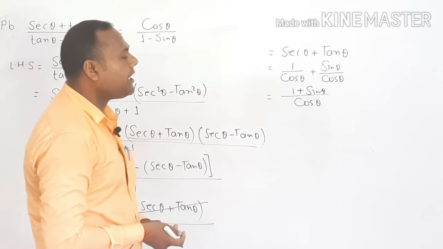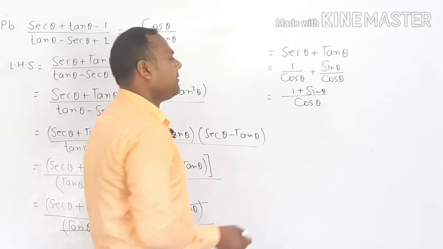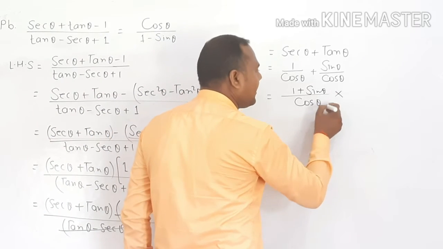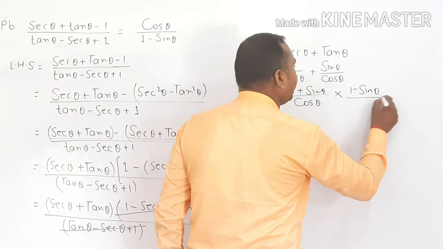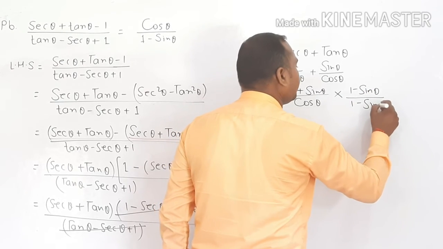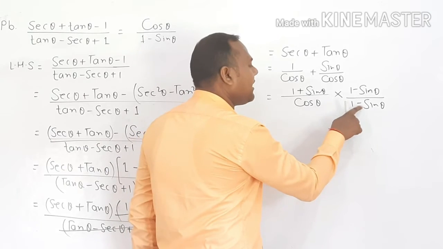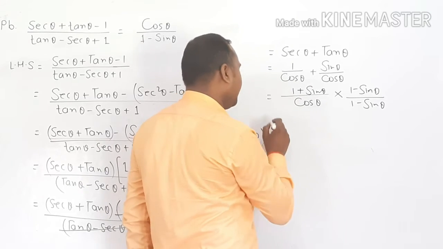So we will have to rationalize the numerator. That means we multiply by (1 − sin θ) divided by (1 − sin θ), which is the rationalization of 1 + sin θ.